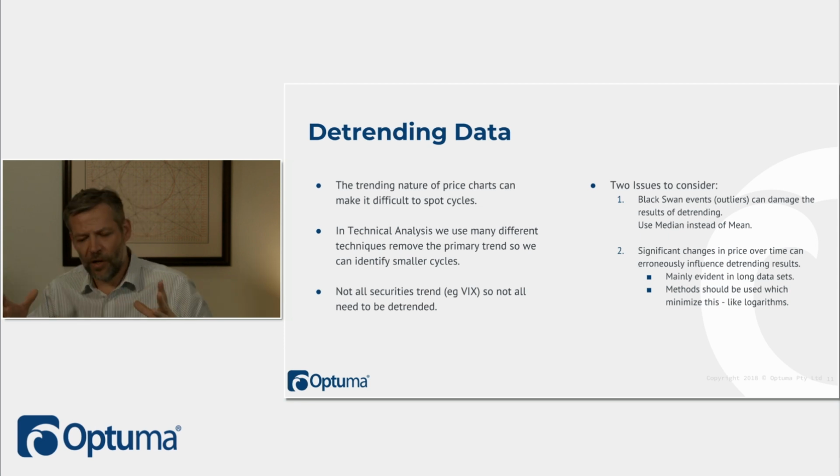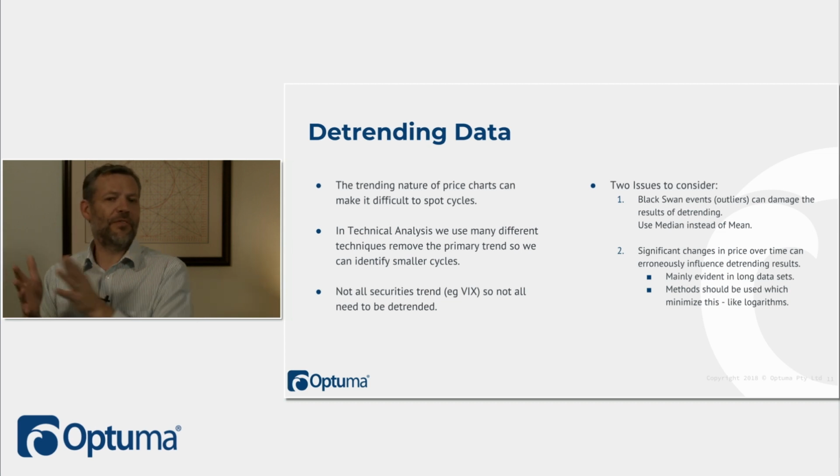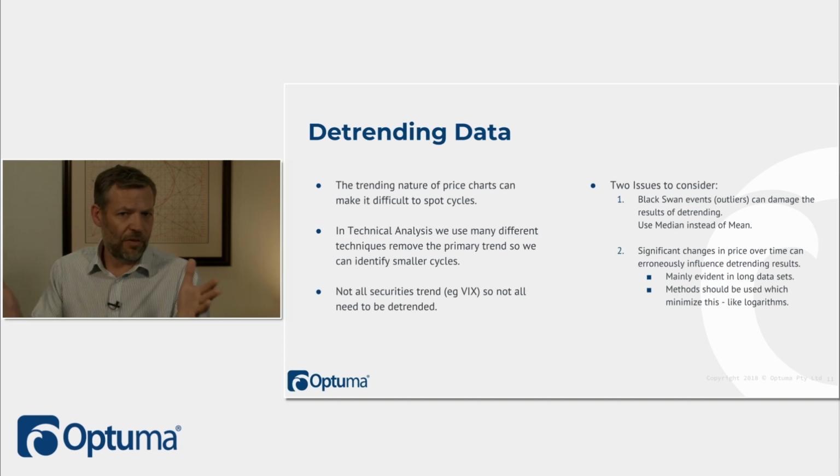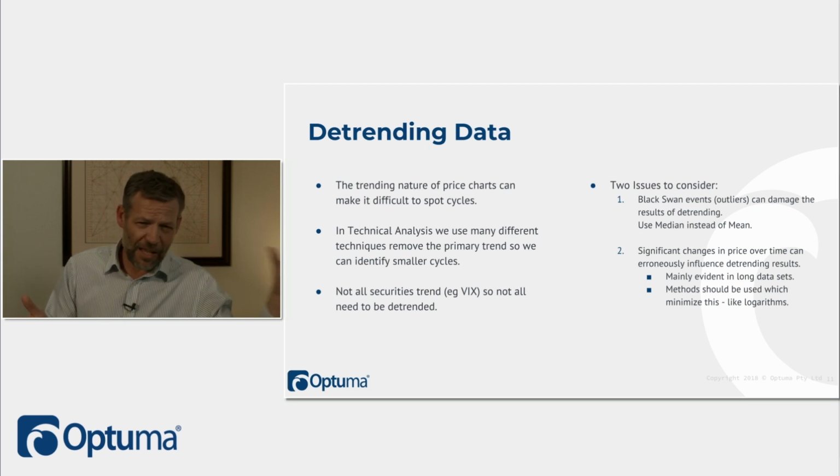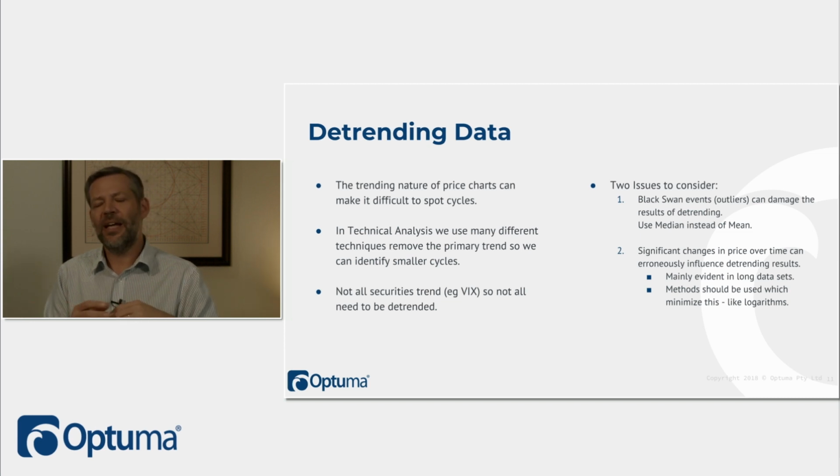When I've got a set of values, and we talk about this in statistics, the mean is obviously just adding all of those up and dividing. And if I have an outlier, which is this massive rise or this massive crash or something like that, it can really change the value of my mean.